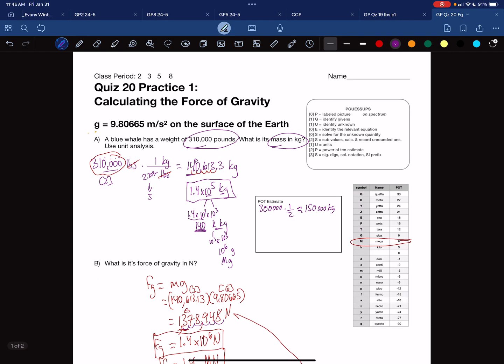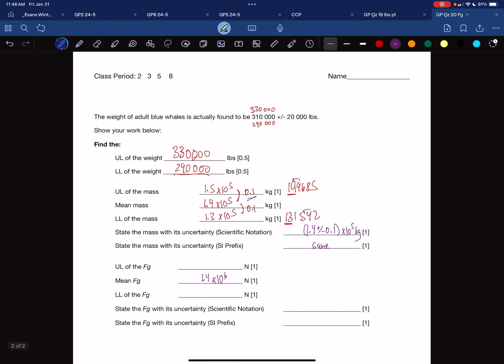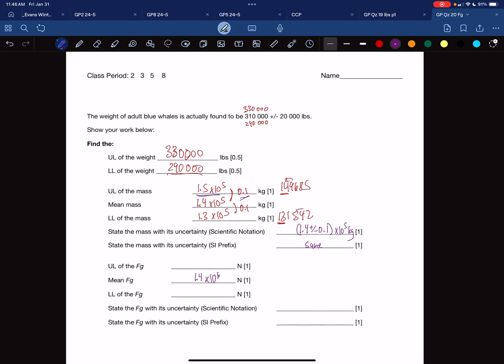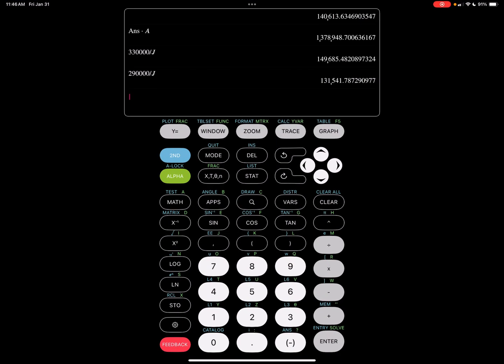And how did we arrive at that number? Well, we used the mass and multiplied it by g. Well, the mass we have here is this number, the 149,685 number. We're going to multiply that by g. And that 149,685 number came from the 330,000 divided by j.